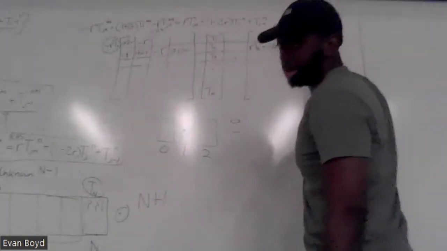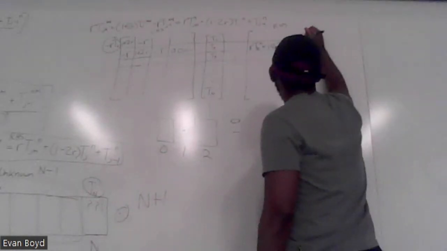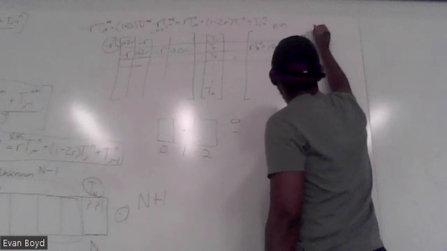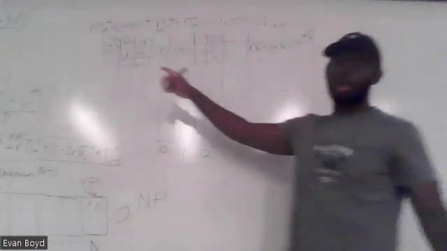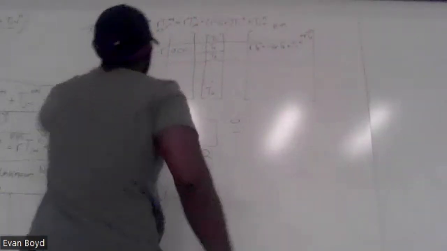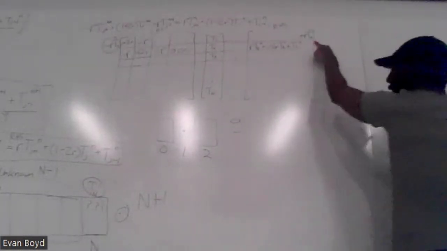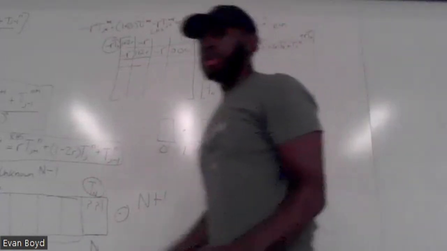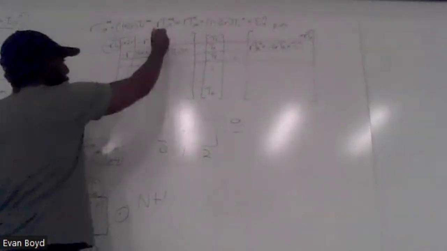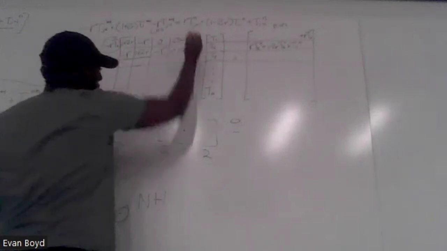So now inside this matrix, we will have plus r at temperature at position 0. This term that's outside the matrix just gets moved over and added to this side. Okay, so now that's basically it. The rest would be zeros.